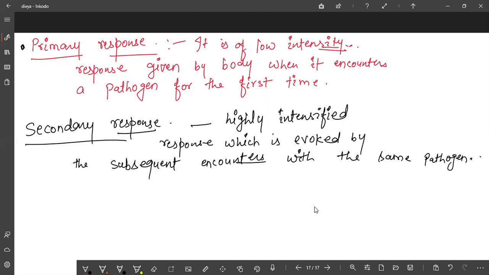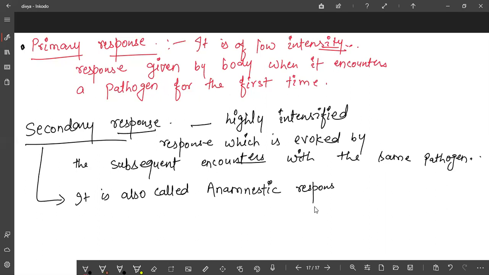Is it clear to you? And secondary response is also called anamnestic response.